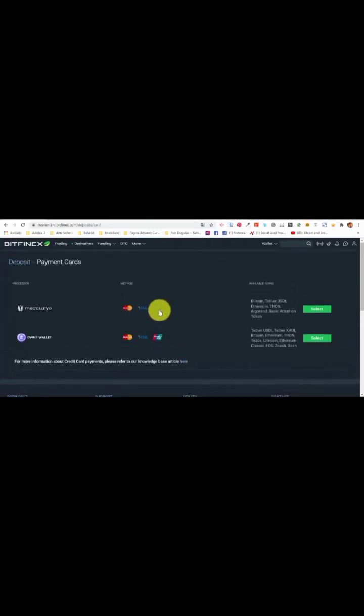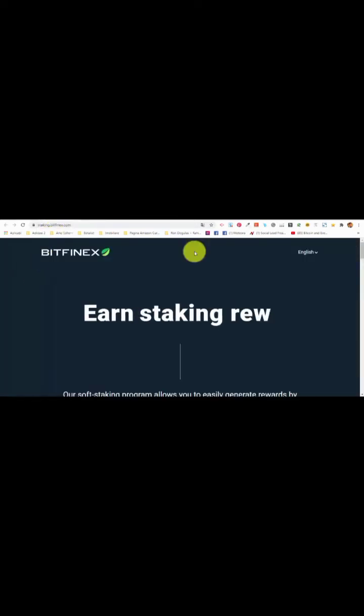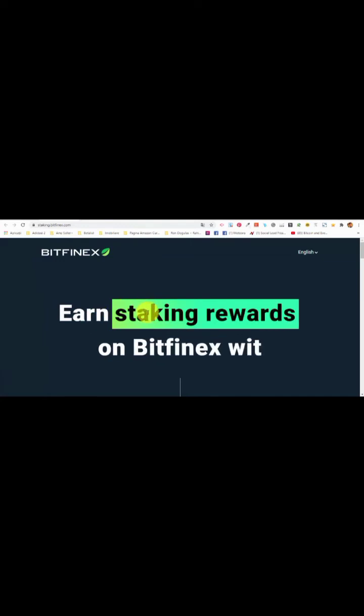Now after you have some money in your wallet, what you can do is go in the more section and into staking rewards and check out what staking offers they have at the moment. Okay, we have basically opened a new window. We are not going to go into a lot of detail about what staking means.